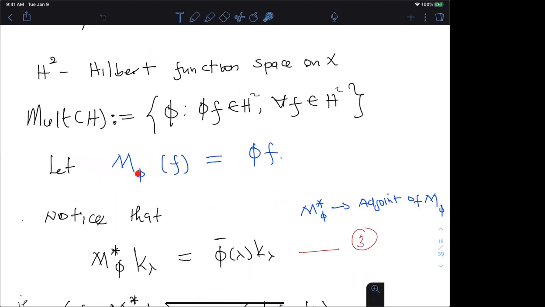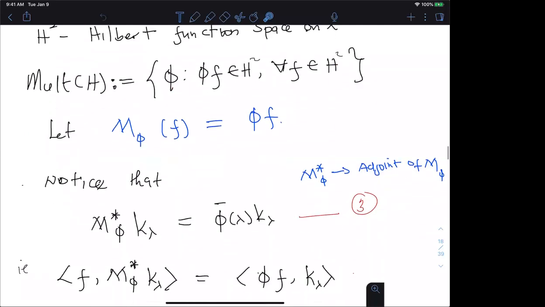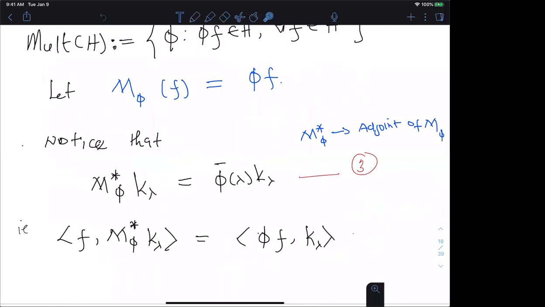And let M_phi here be the multiplication operator such that M_phi acting on a function f from the Hilbert function space is just the multiplication of phi and the function f. In that case, we know clearly that the adjoint of the multiplication operator M_phi acting on k_lambda is just equal to the conjugate of phi at lambda acting on k_lambda, right?